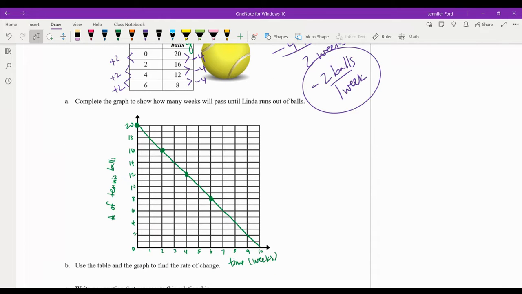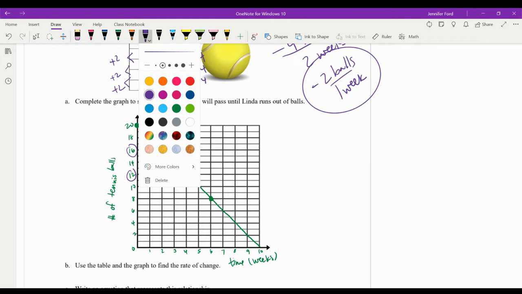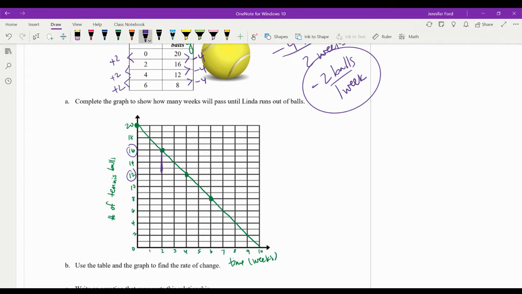Okay. And use the graph to find the rate of change. So the graph is going to show me the same thing. It goes from 16 down to 12. We go down 4 balls. And then here we go from 2 to 4.